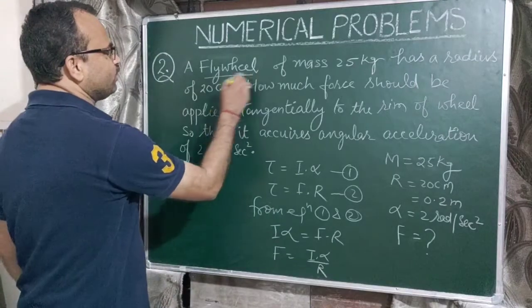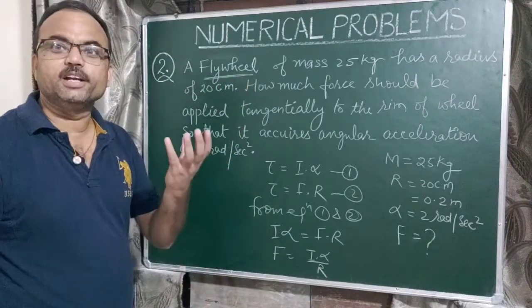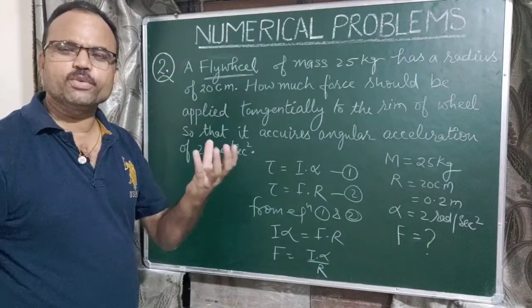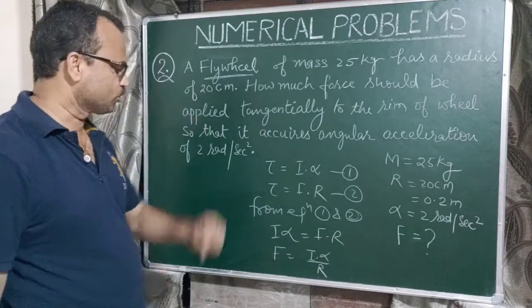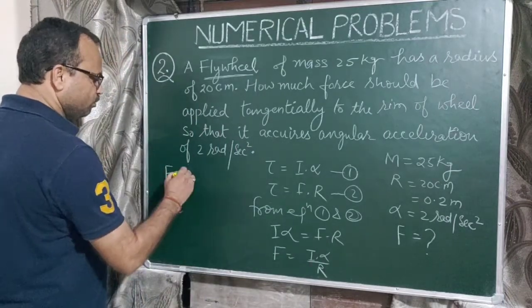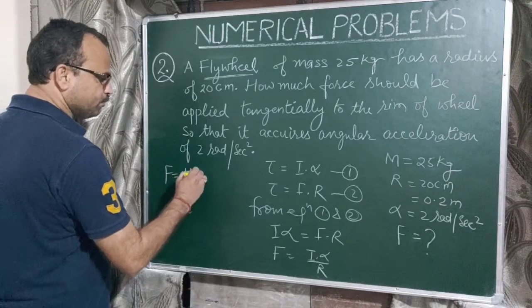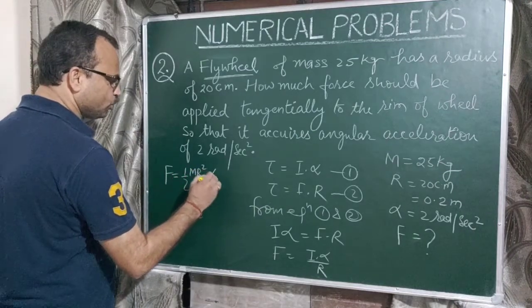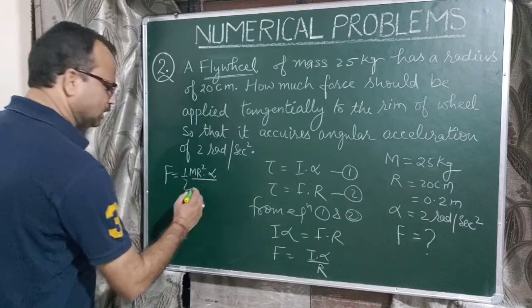Here it is a flywheel, and a flywheel is just like a disc, and the moment of inertia of a disc is 1 upon 2 m r square, right? So now substitute the value of I, 1 upon 2 m r square, into alpha upon r.